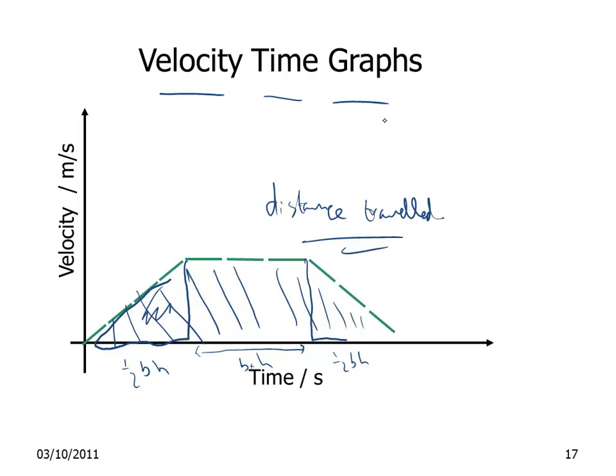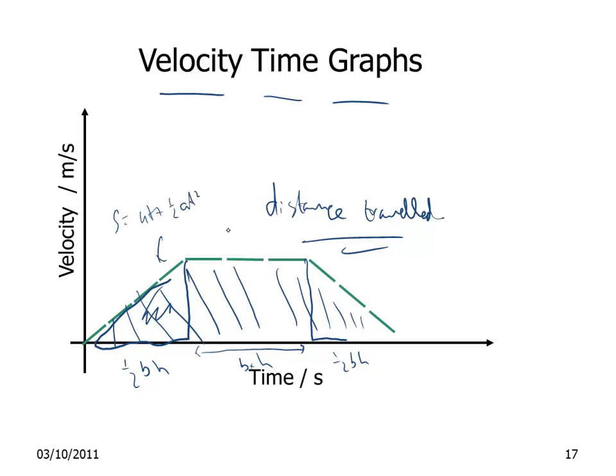It's really the main reason, that if you can draw this out properly, it's a very quick way to work out the distance travelled. It's a lot quicker than using the formula. For this you'd have to use s equals ut plus 1/2 at squared for this section.